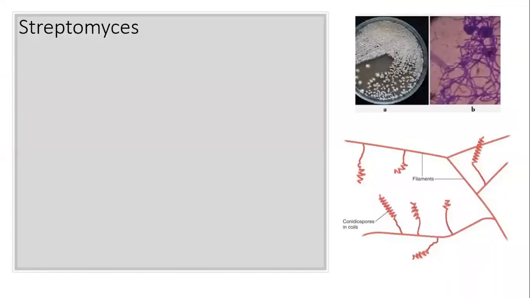Then we have one of the most popular genera of actinobacteria, and the most important genus regarding its ability to produce antibiotics. So it's best known as Streptomyces. Under a microscope, they stain gram positive.